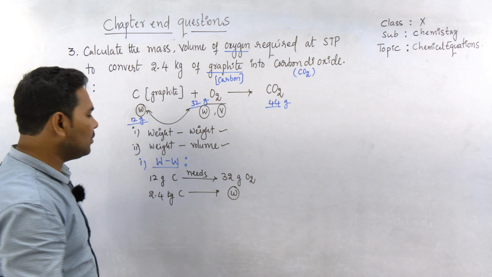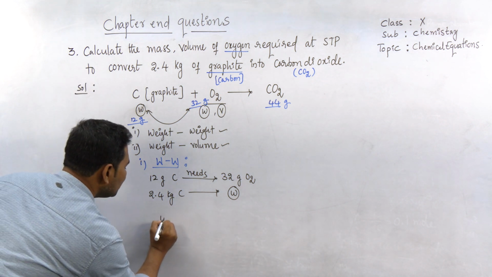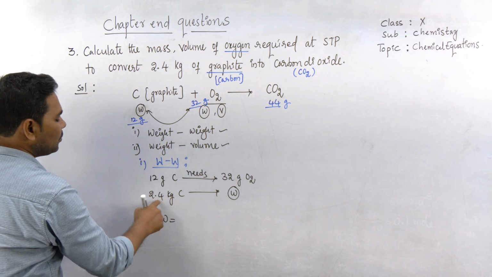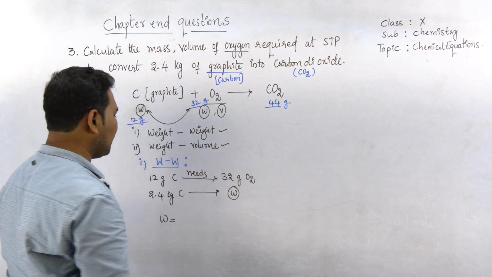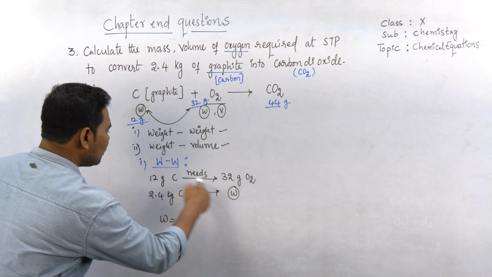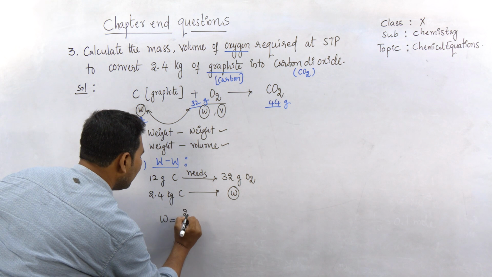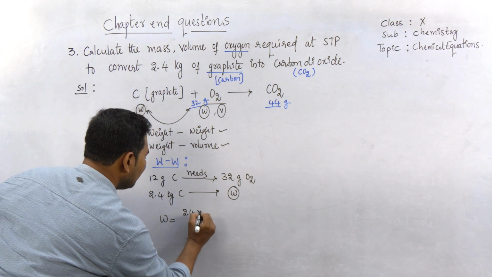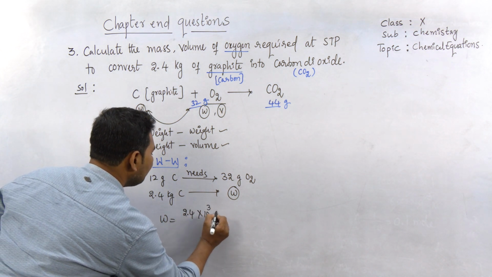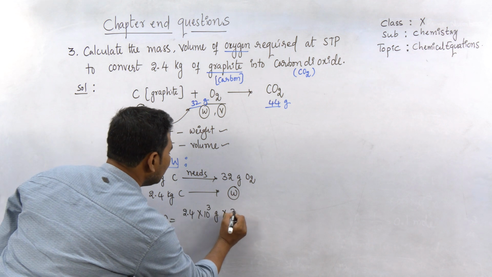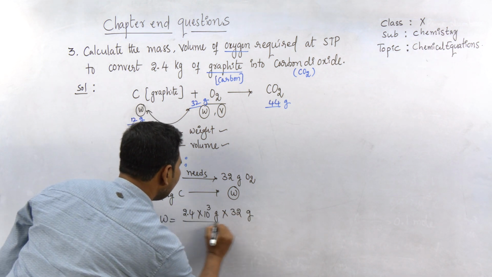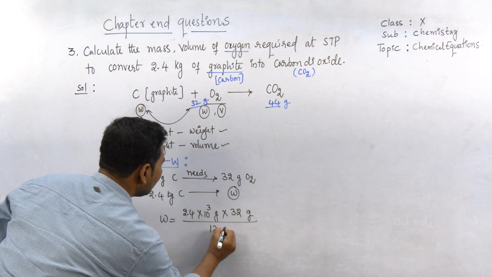This weight we have to find out. Let's write W is equal to; before you substitute this, convert it into grams. So weight W is equal to, we just cross multiply, 2.4 kg, and kg is nothing but 1000 grams, into 32 grams by 12 grams.